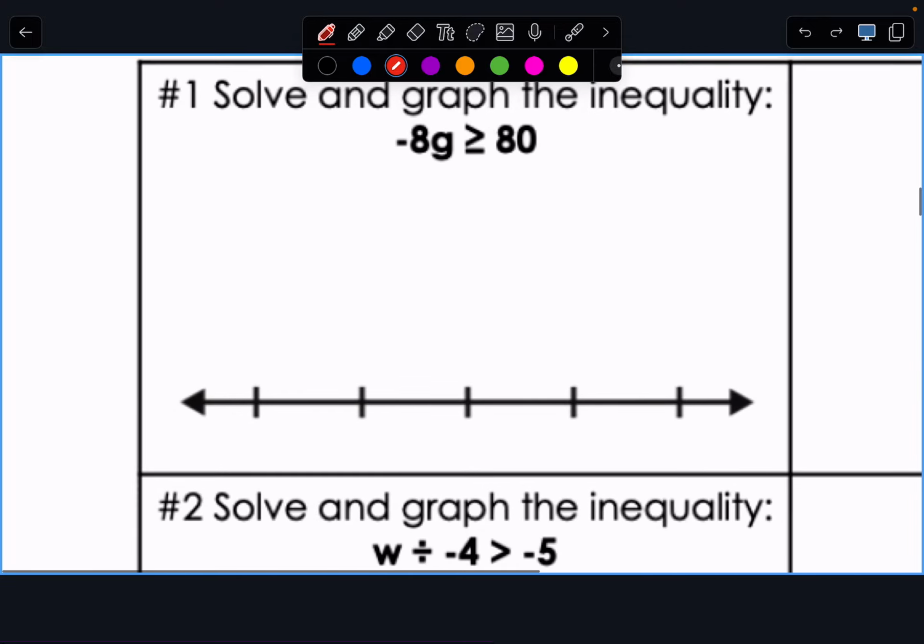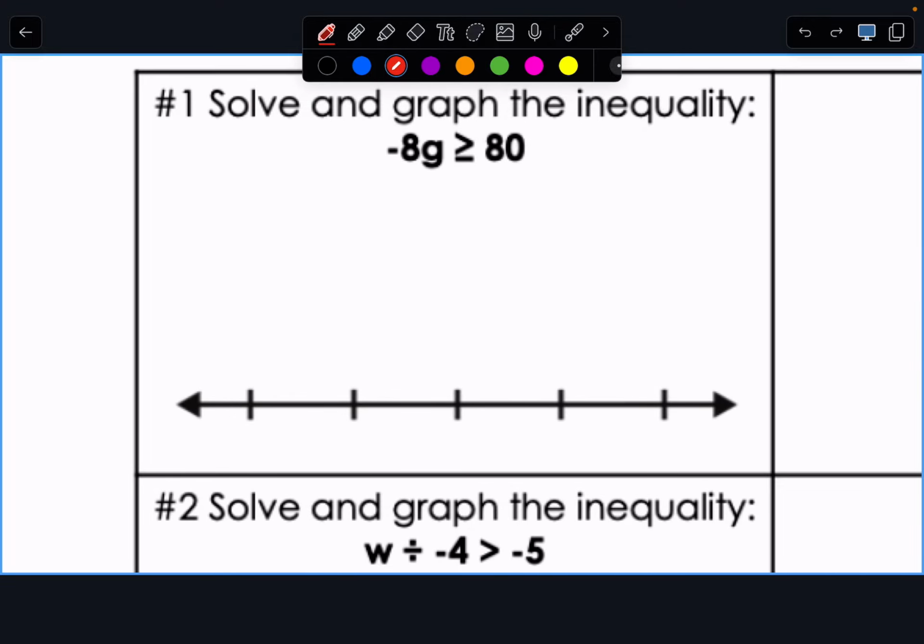All right, number 1. Did you put a star on number 1? Okay, I'm going to ask this again. Now that everybody's paying attention, did you put a star on number 1? Yes. That's a star. In order to solve number 1, what do we need to do to both sides? We need to divide by -8.